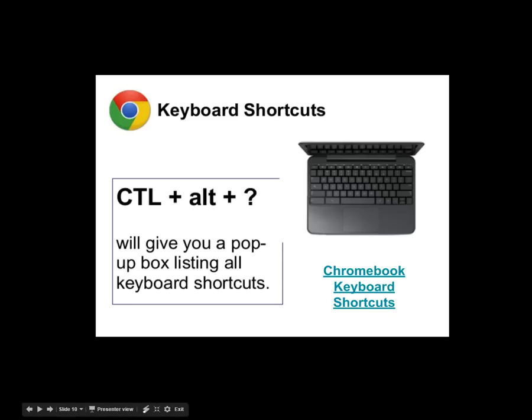If you would like to pull up a keyboard to view and see all the shortcuts, let's try this now. You can do this on your own screen. Find the Control key. It's in the bottom left of your Chromebook keyboard. Push the Control key down and also the Alt and question mark.